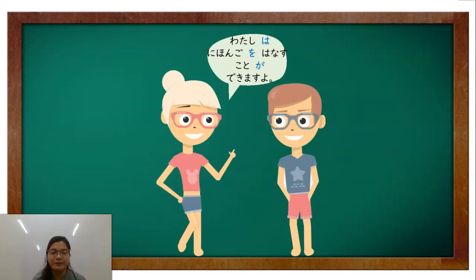For example, watashi wa nihongo o hanasu koto ga dekimasu yo. So sinasabi mo dito na kaya kong magsalita ng Japanese. Ini-emphasize mo si verb dito na kaya mong magsalita ng Japanese.